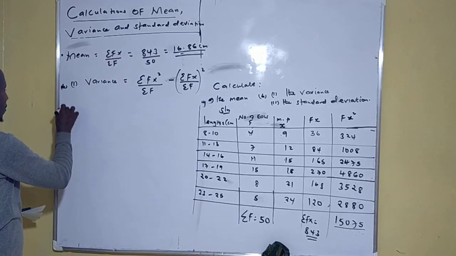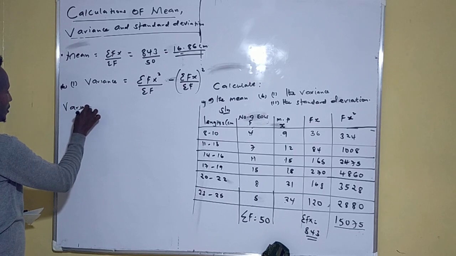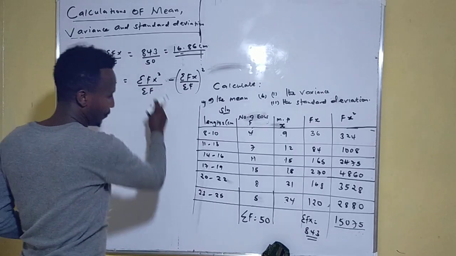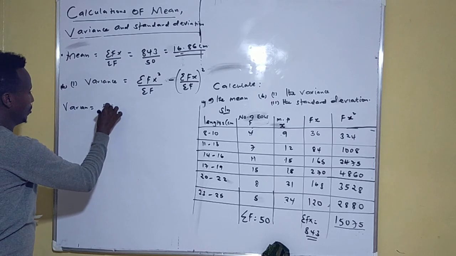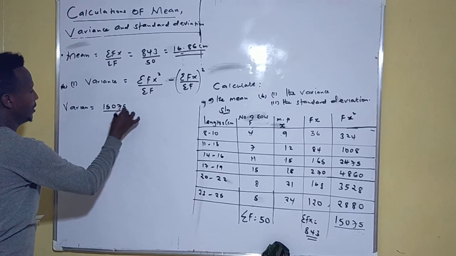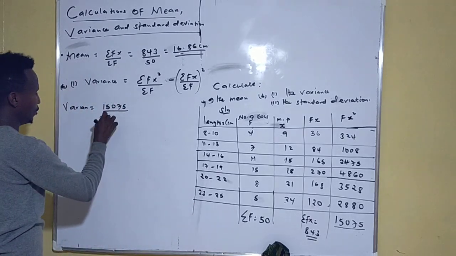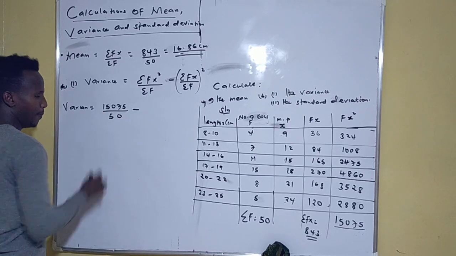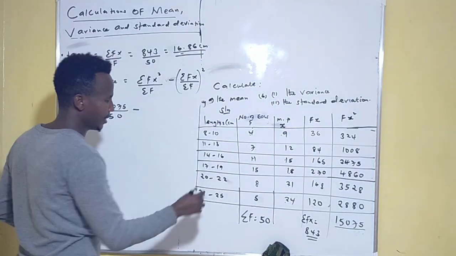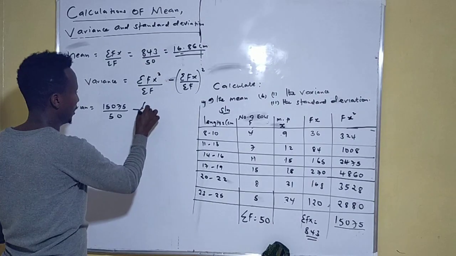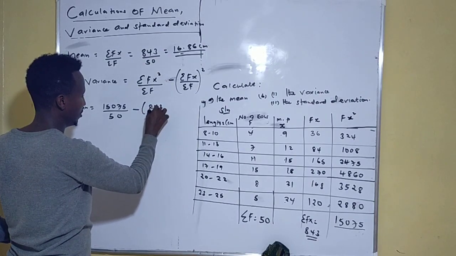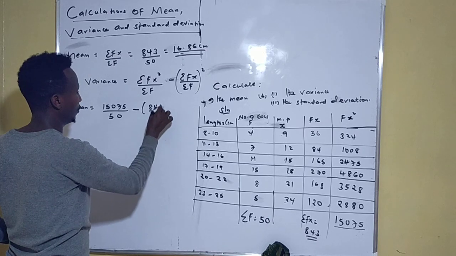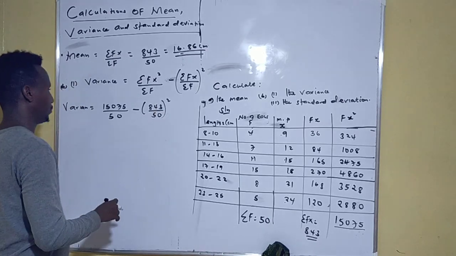So our variance is equal to sum of fx squared, which is 15075, divided by sum of f, which is 50, minus sum of fx, 843, divided by 50, then squared.